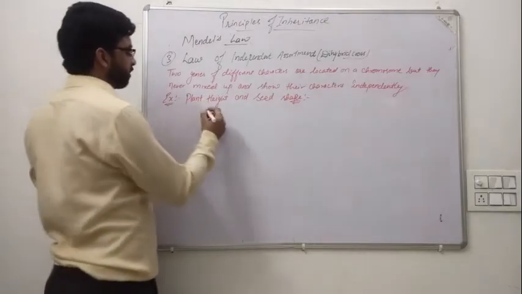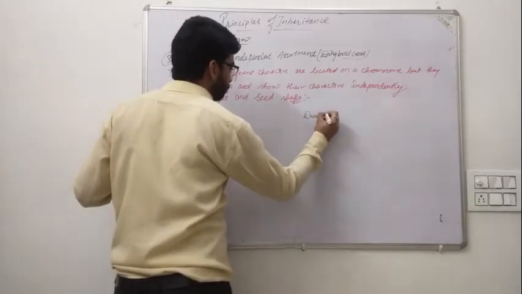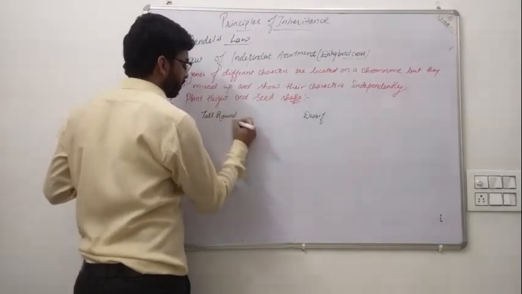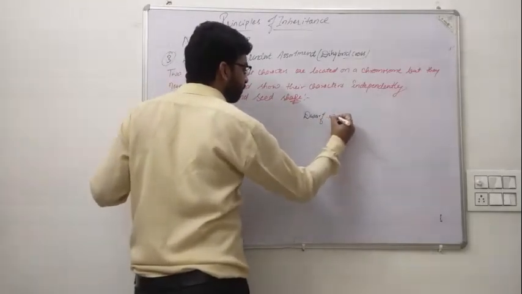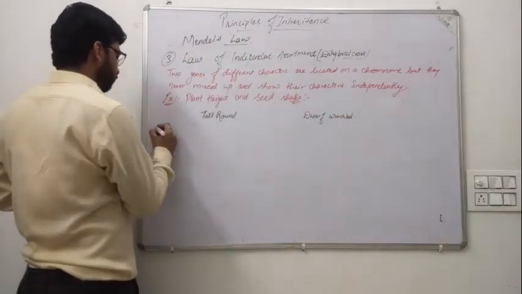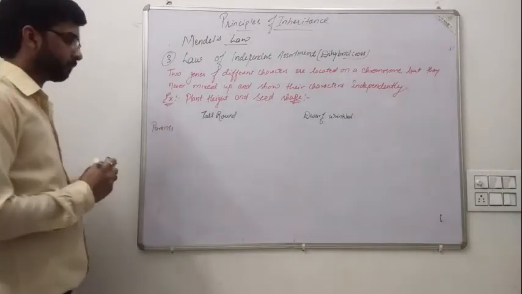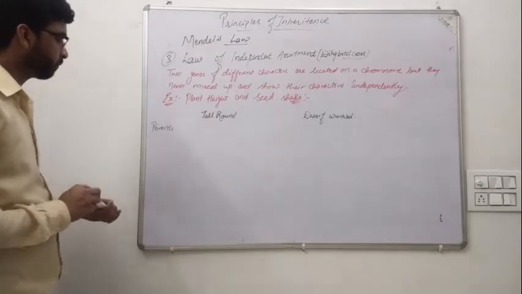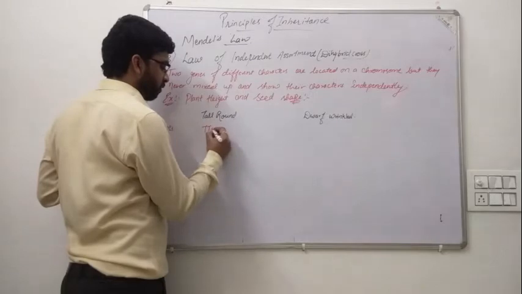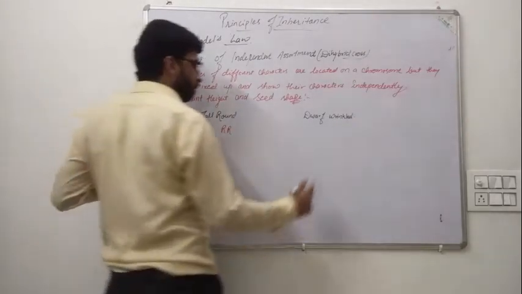Plant height can be tall or dwarf. Seed shape can be round or wrinkled. Parental characters: we know these are dominant, so we show capital T for tall and capital R for round here.